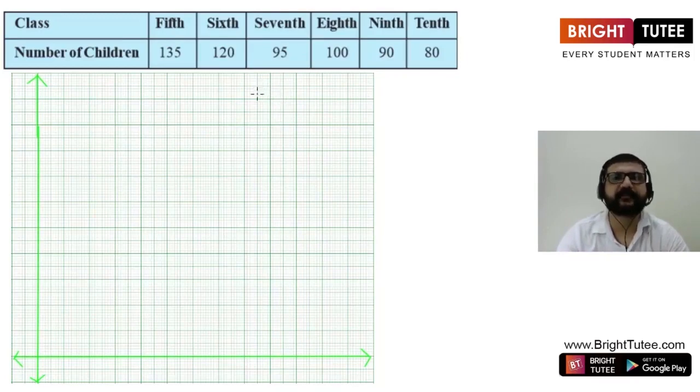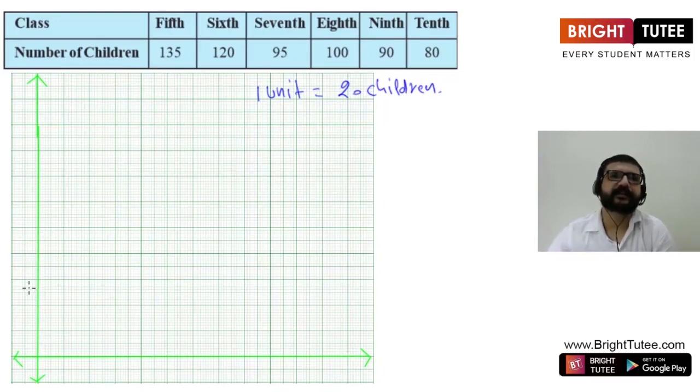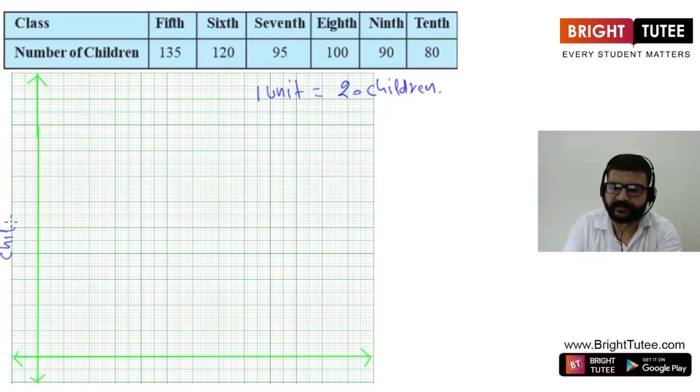As we have already chosen the scale, which is 1 unit is equal to 20 children. Now the vertical line here will be representing number of children. So let's write it here. This is for children.